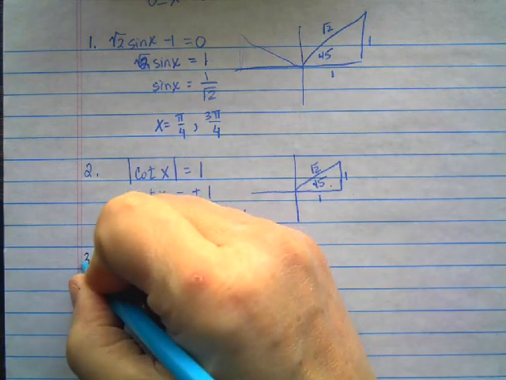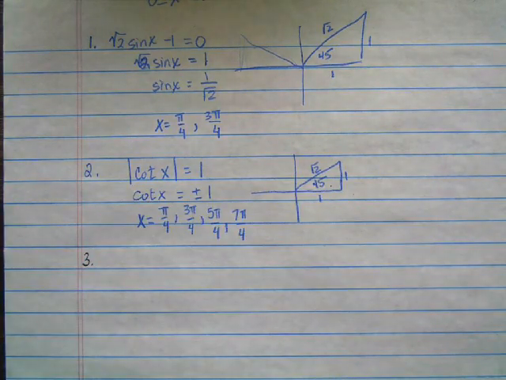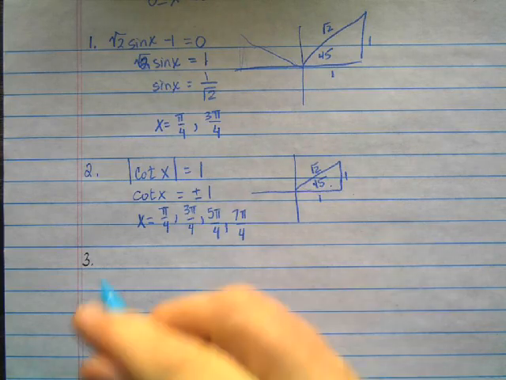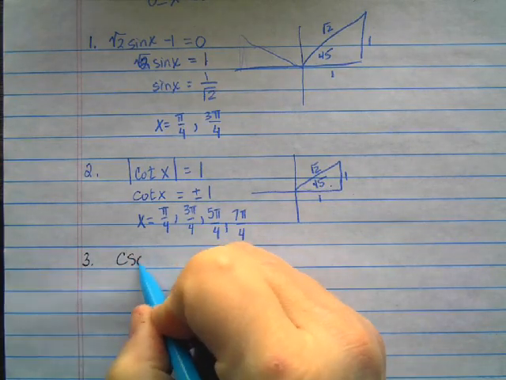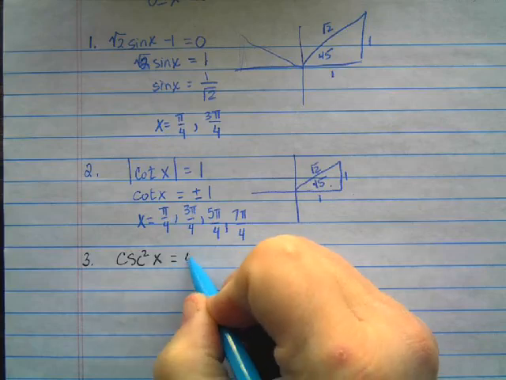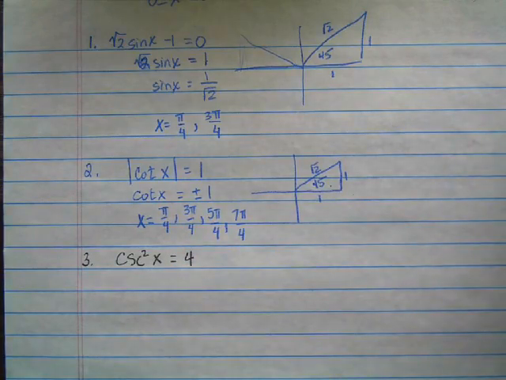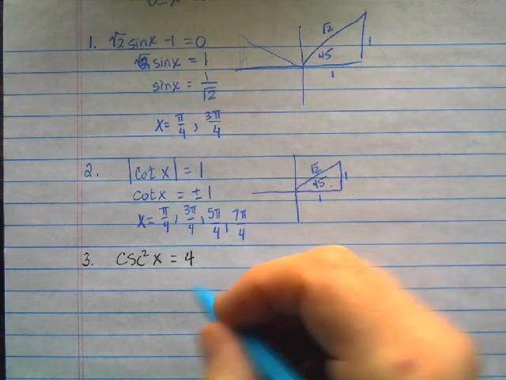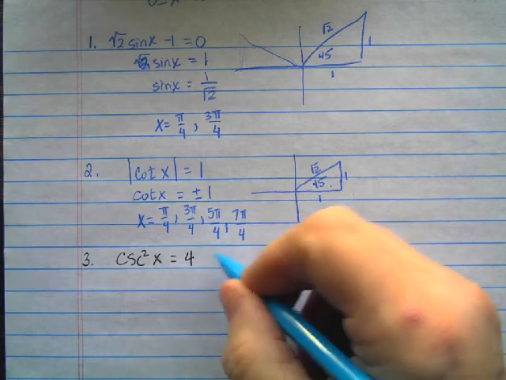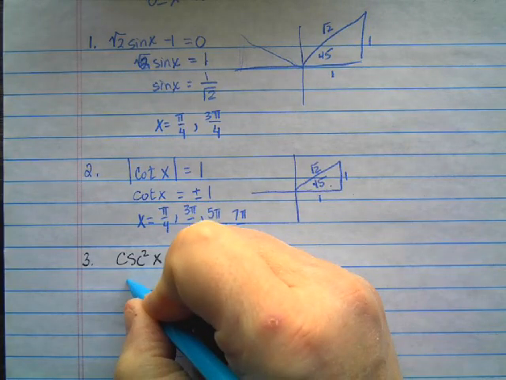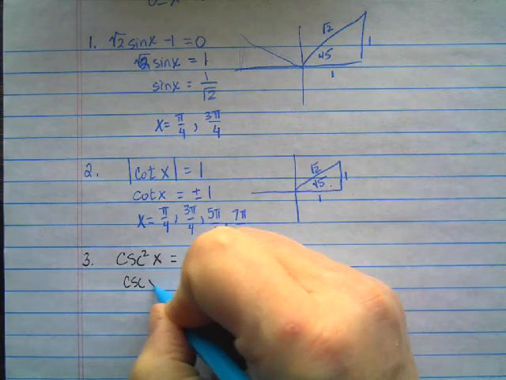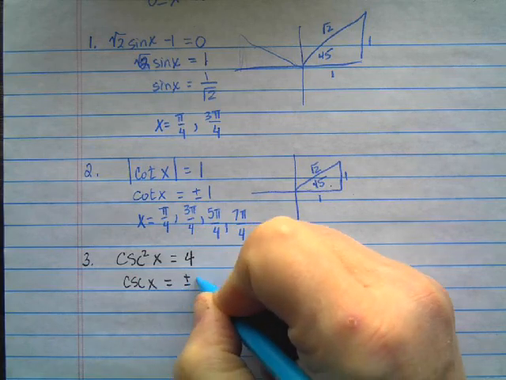And number 3, we have cosecant squared x equals 4. So again, we would take the square root of both sides, and when we do that, we actually get the absolute value of that. And so we say that cosecant x is plus or minus 4.